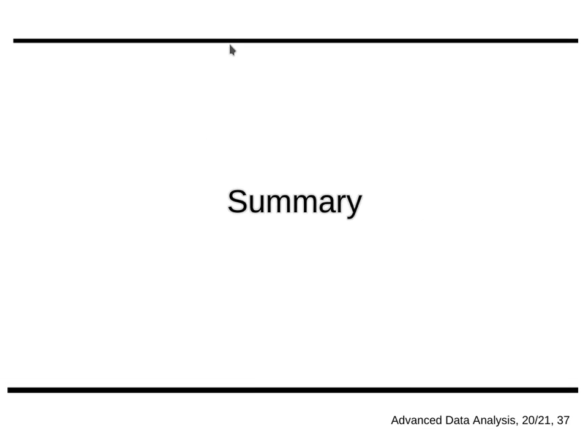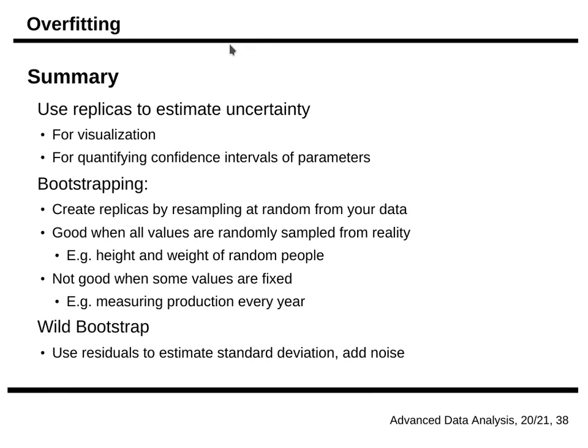So, to sum up, we can use replicas to estimate, visualize or quantify the uncertainty we have in our fits. If you're doing things like moving averages or kernel regression or something like that, just to help understand the data, we are not actually trying to predict anything, but you can still use bootstrapping, or a variant of bootstrapping, to produce these intervals where you have an idea of how uncertain the trend you're computing is.